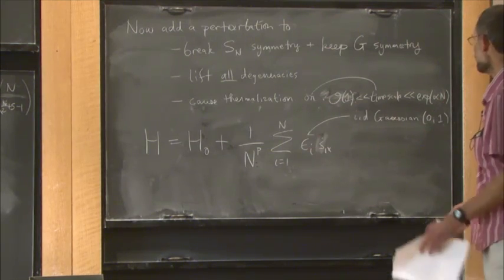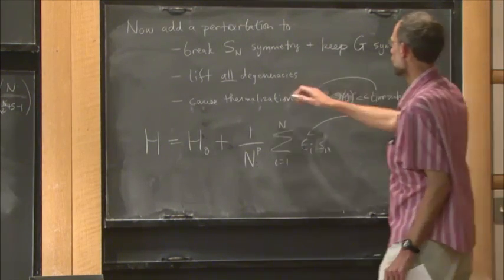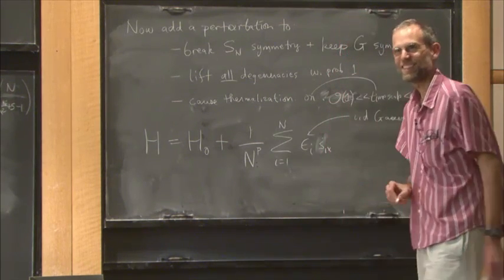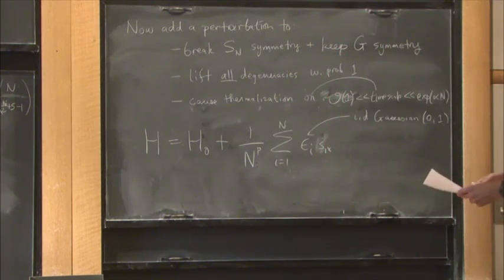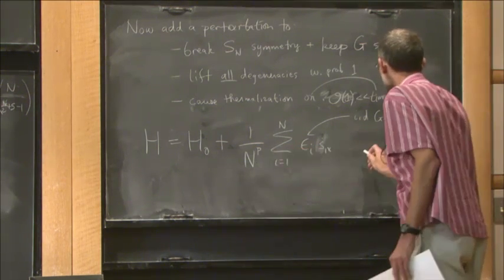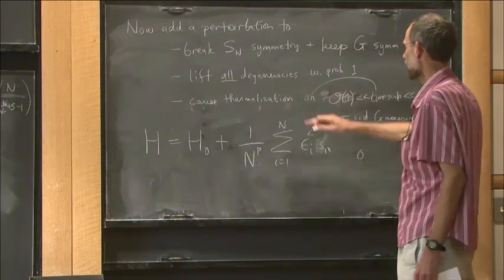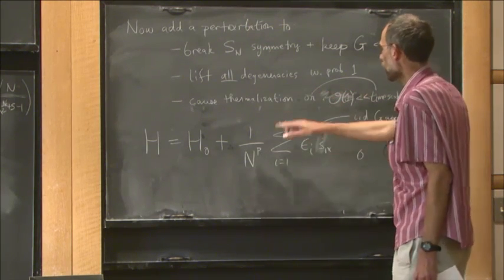Right? So that's what I mean. Lift all degeneracies with probability 1. Not absolutely. Okay. And this exponent here, in order to do this, I actually have two goals here.